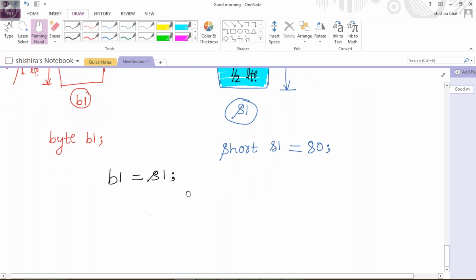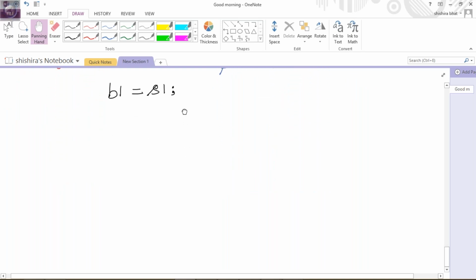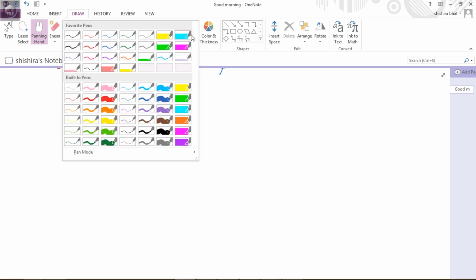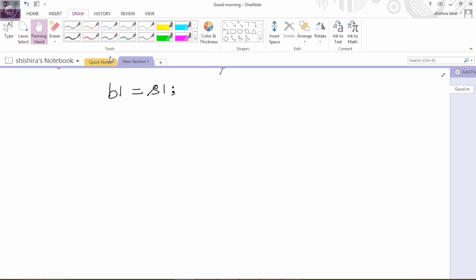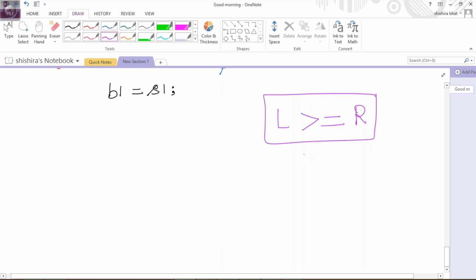Observe. What is the rule here? Pretty simple. The rule says that left side data type should be greater than or equal to right side. This is the rule.